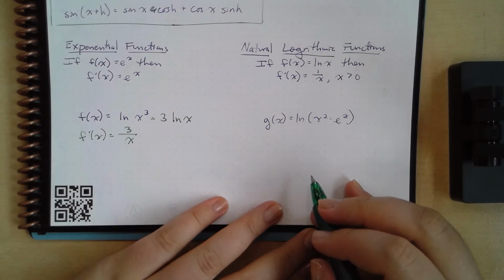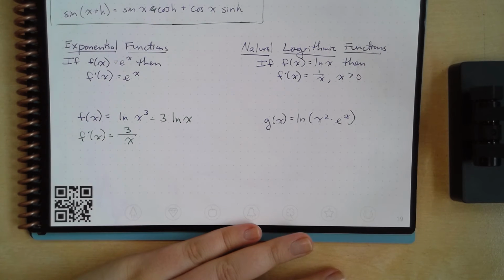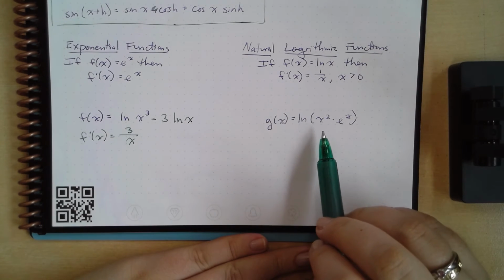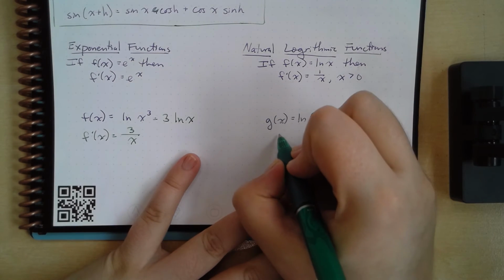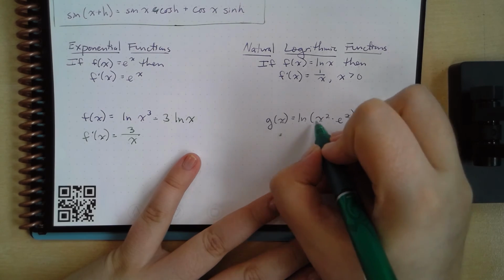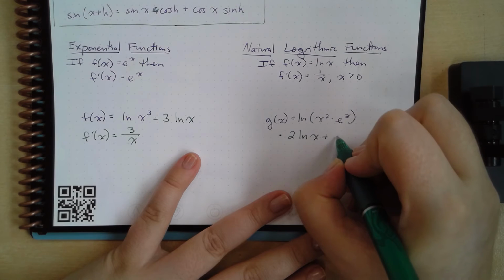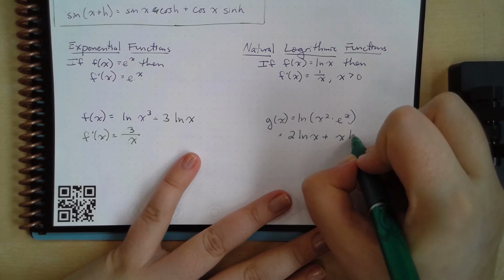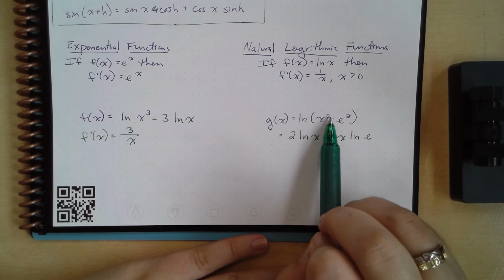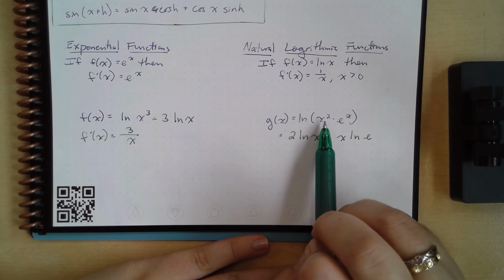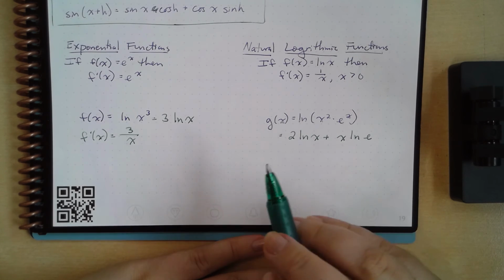That's it. And g of x here, we have g of x is the natural log of x squared times e to the x. I can rewrite that as 2 natural log of x plus x times the natural log of e. Again, I'm just using those properties of natural logs, I can move these exponents out front.